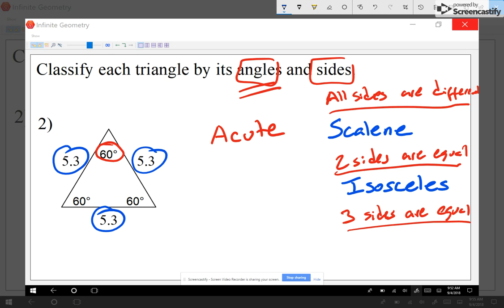Now, when all three sides are equal, which is our case, we're going to call this equilateral, which, if you break it down, is equal sides. All sides are equal. So, whenever I'm classifying in this example, by angles, it's acute. By sides, I'm going to call this equilateral.